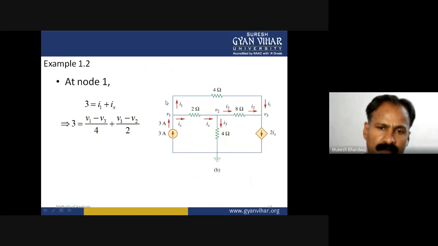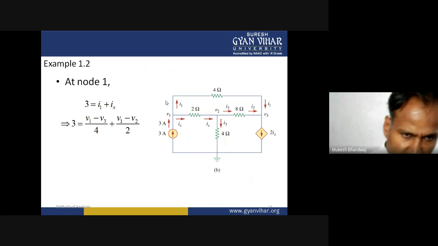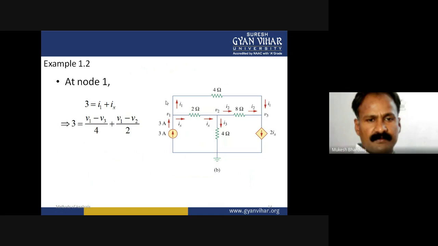According to the question, we write the equation as follows: 3 ampere is equal to I1 plus Ix, and I1 can be written as V1 minus V3 upon 4, and Ix can be written as V1 minus V2 upon 2.